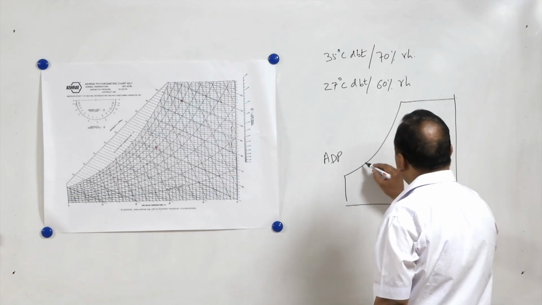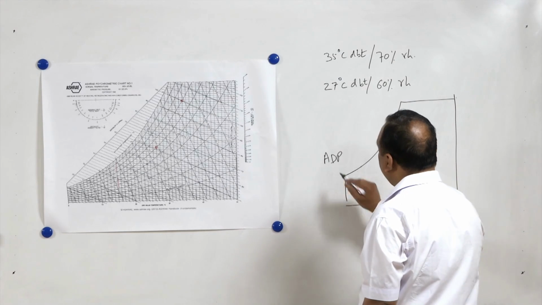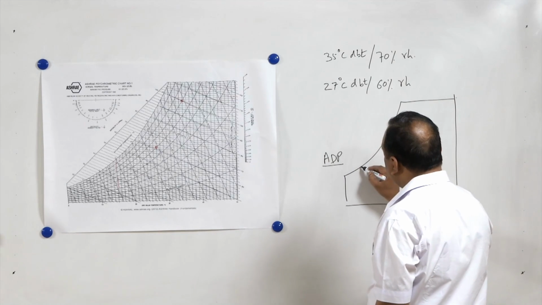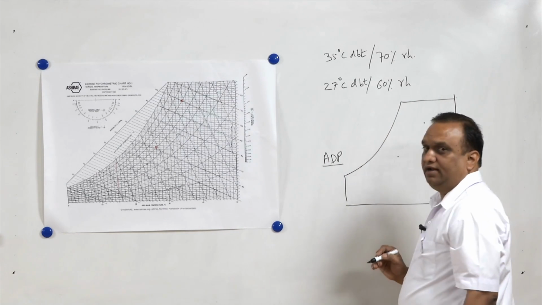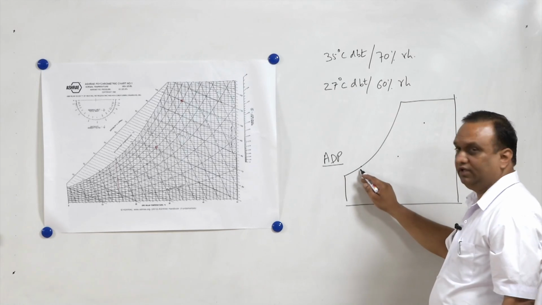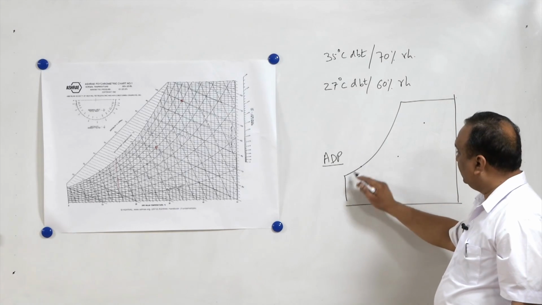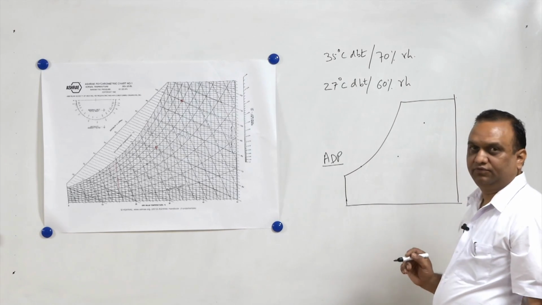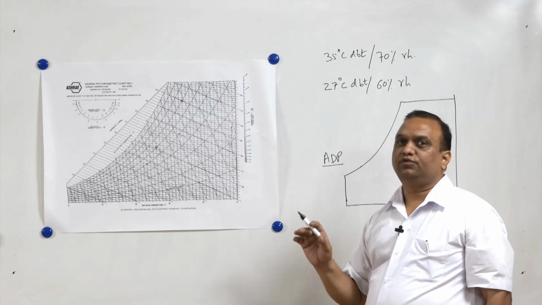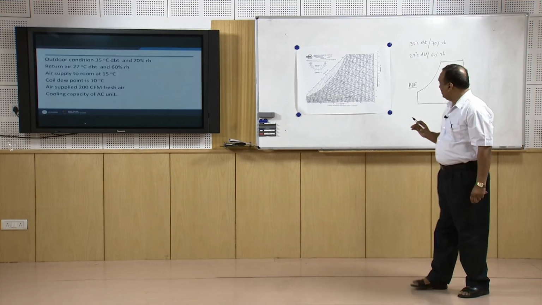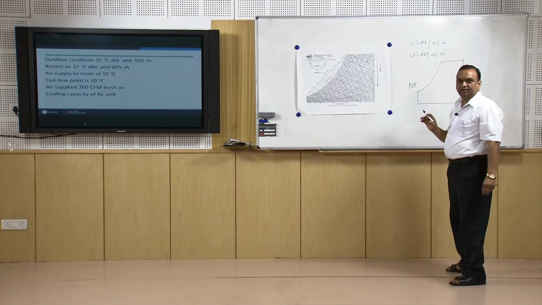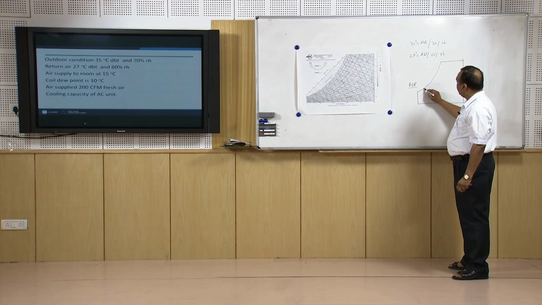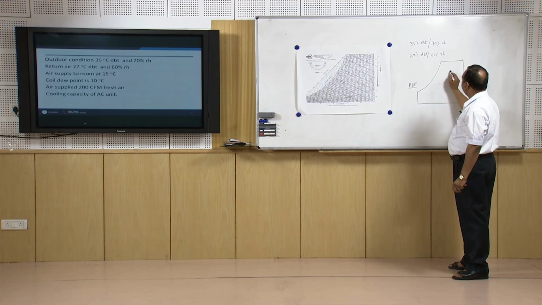So ADP is 10 degrees centigrade. Why is it called ADP? Because this is the temperature of the coil and it is assumed that at this point the air is 100% saturated. So if the air moves over this coil, if there is no bypass factor, air will be 100% saturated, because air gets saturated the moment it comes here.